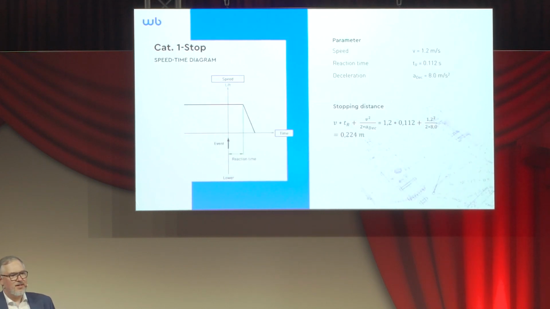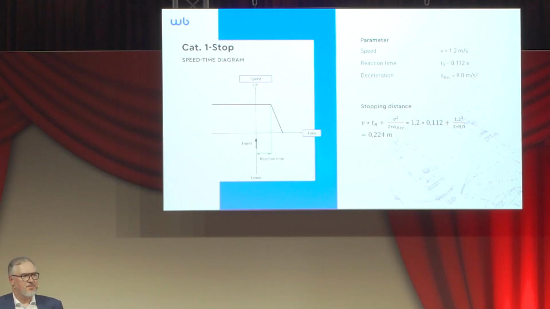That is basically a very basic, I would say, mechanical calculation. You see here on the diagram, you have on the one hand the speed, the maximum speed the hoist can go is 1.2 meters per second. I have the reaction time of 112 milliseconds and the given deceleration rate, and with those values I can, in this configuration of a safe stop 1 or safe stop 2, predictably calculate and define the stopping distance, which is 224 millimeters, so a little bit more than 20 centimeters.